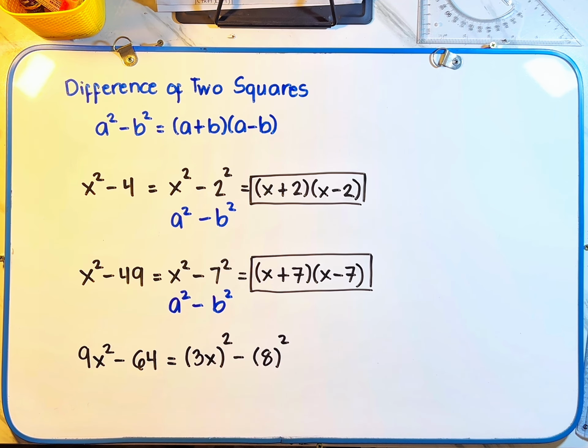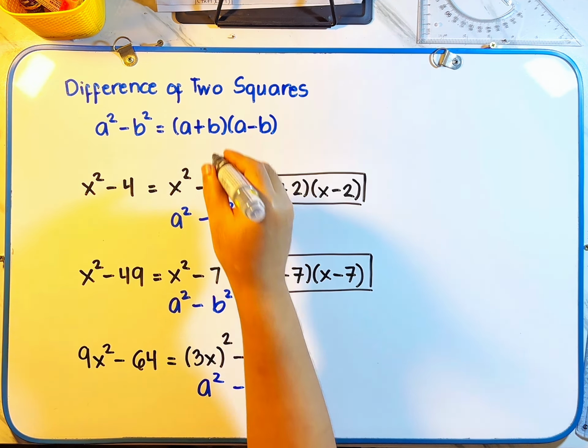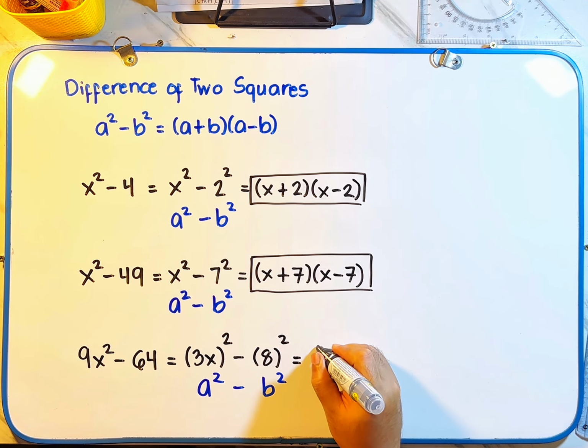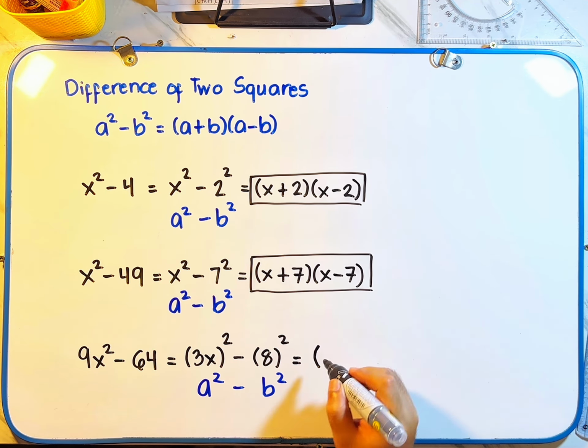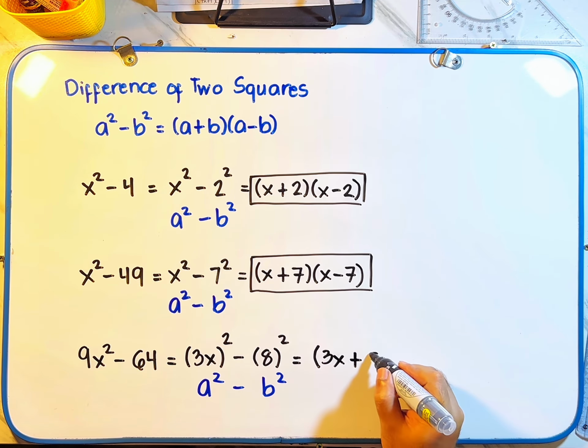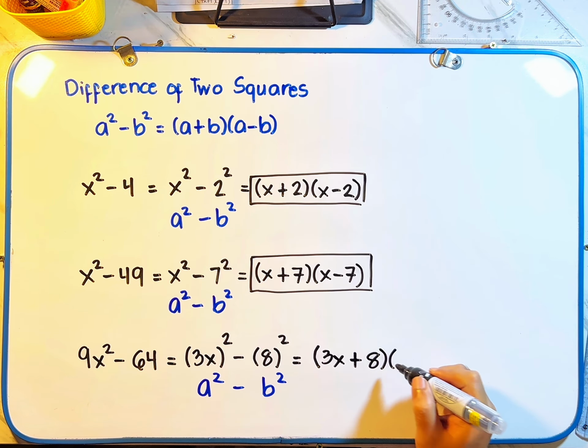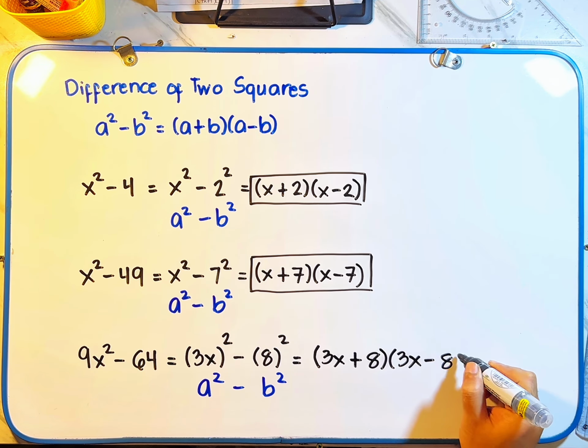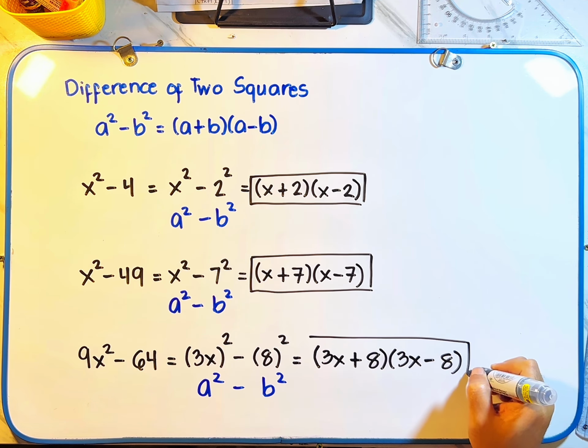Again, this is in the form of a squared minus b squared. Our a is 3x and our b is 8. So, the factored form, following the formula above, is a plus b, so a is 3x plus b is 8, times a minus b, so 3x minus 8. And there you go.